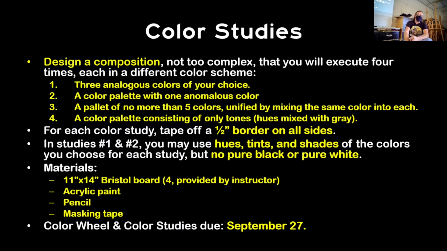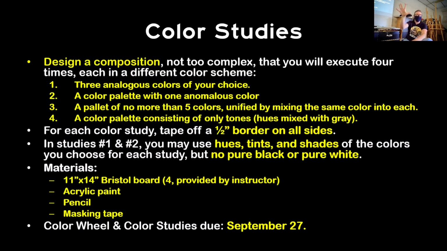All right, the first one will be a palette of 3 analogous colors of your choice. The second will be a color palette with 1 anomalous color. So all your colors should be fairly closely related, and then there's suddenly one that's very different that stands out. Third is a palette of no more than 5 colors, right?